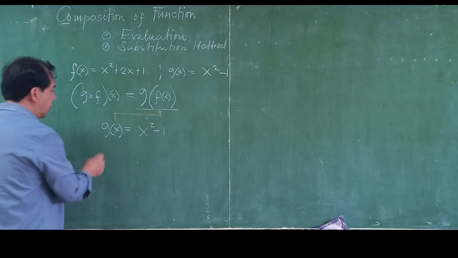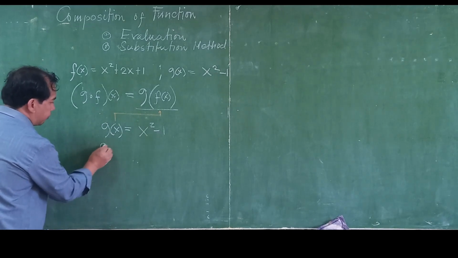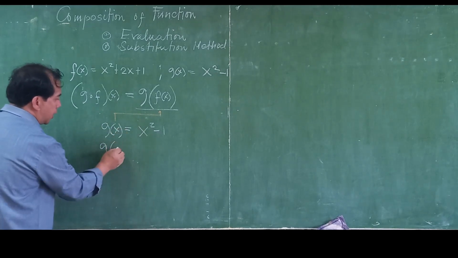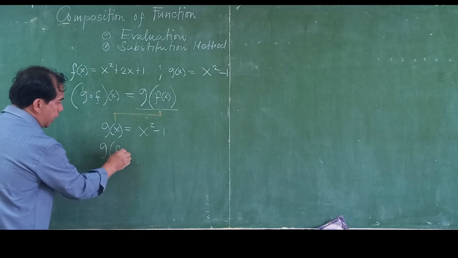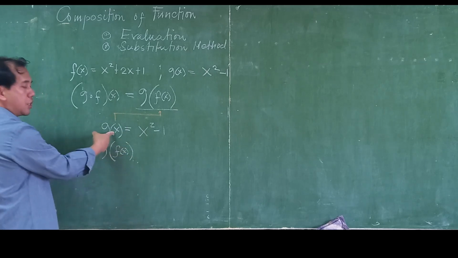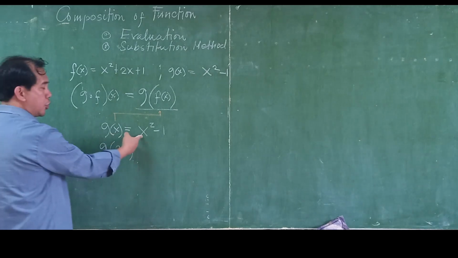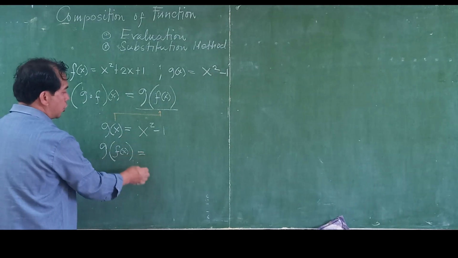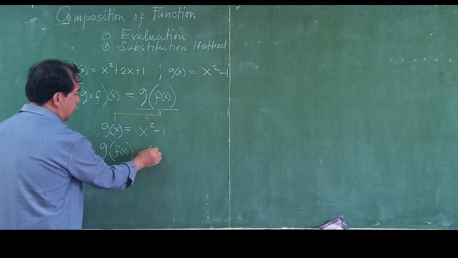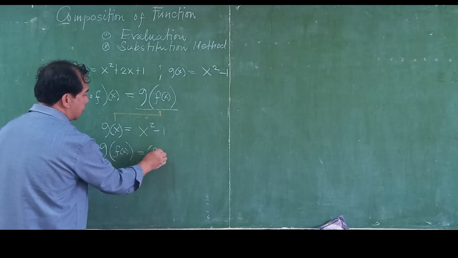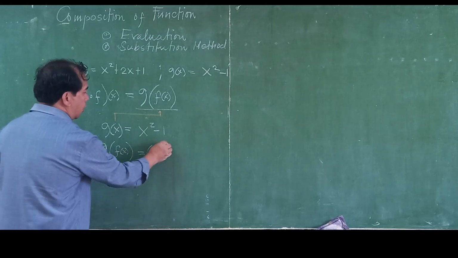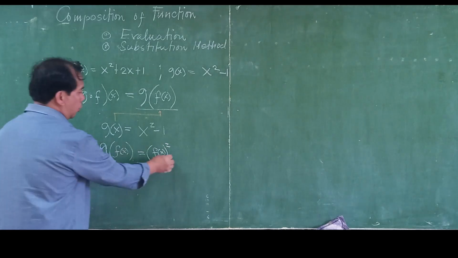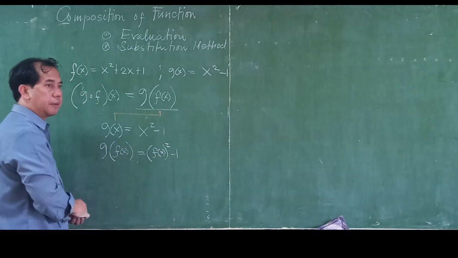Now, we will be having g of f of x. So we replace. We will also replace this one. We substitute. So it will give you the quantity f of x raised to 2 minus 1.